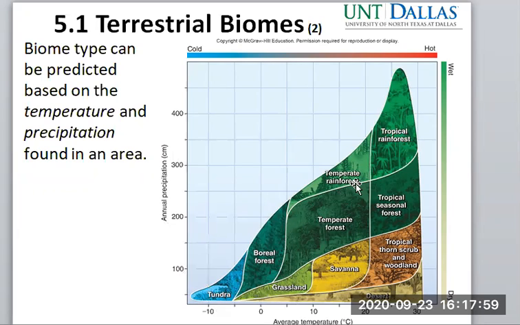So here you can see these different kinds of biomes: the tundra, boreal forest, temperate forests, temperate rainforests, tropical seasonal forests, and here the deserts, where the annual precipitation is very low. In the tropical rainforest, the annual precipitation goes more than 400.